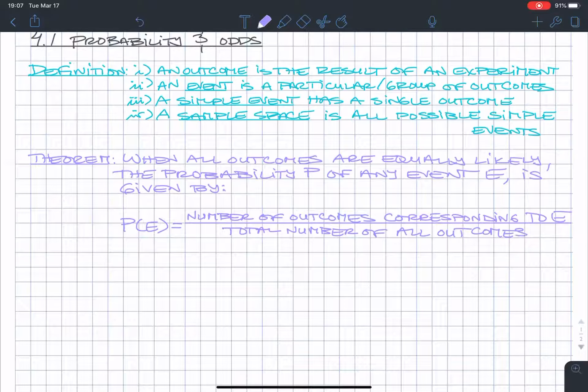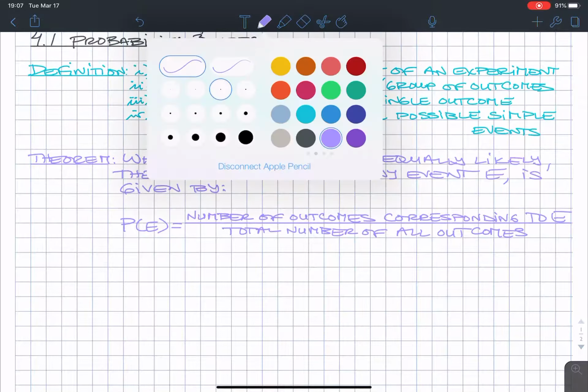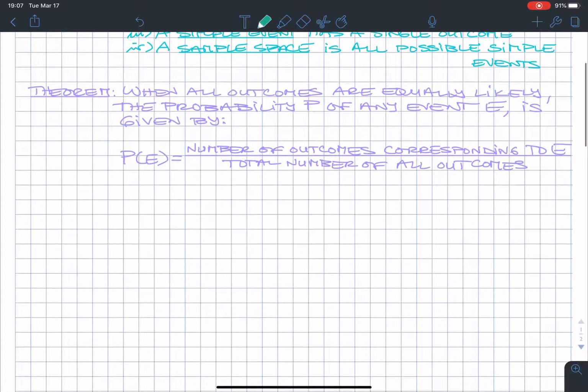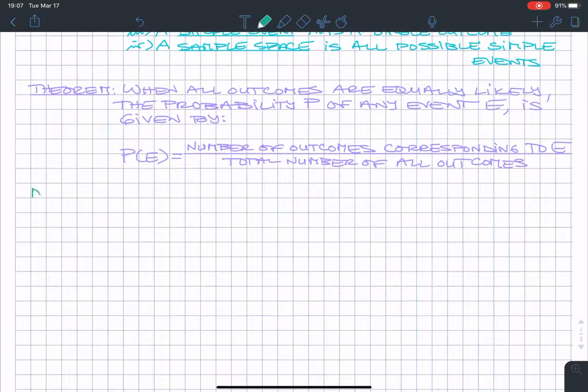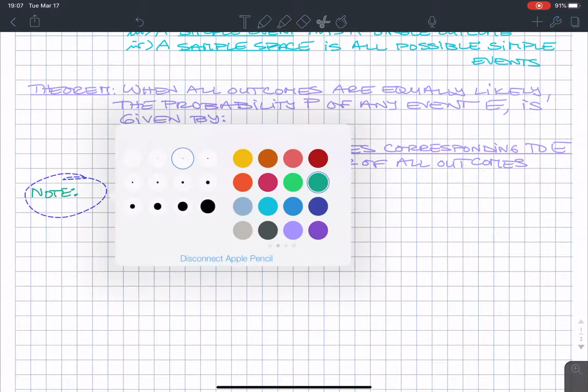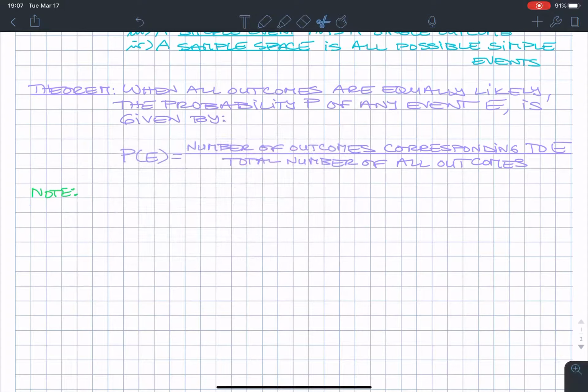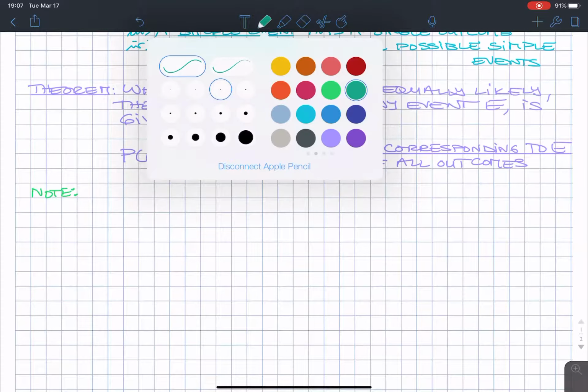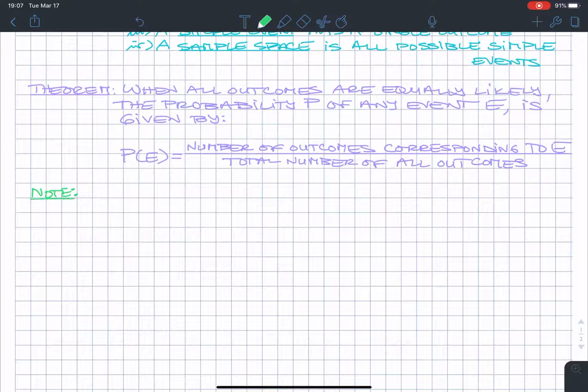Okay, so actually before I do that, let's note something. Let me use a different color. So let's note that the probability of event E is a percentage.